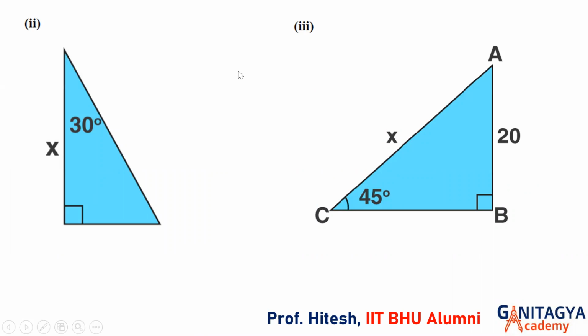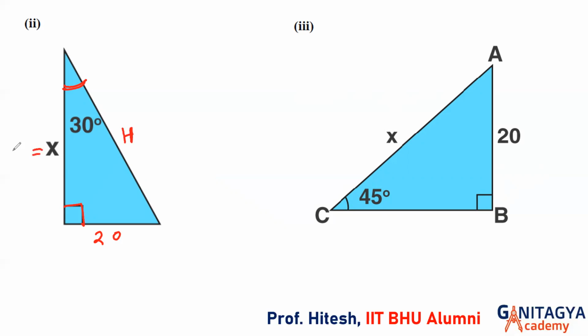Now remember, only one thing is given in question number two, or did I miss something? The perpendicular is given. How much is it? 20. This is given, 20. So we can say this is angle 30, and opposite to 90 is the hypotenuse.